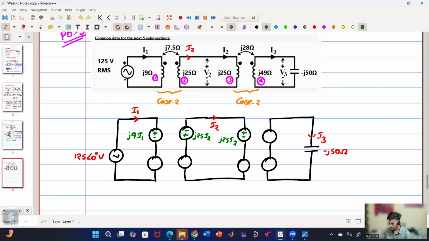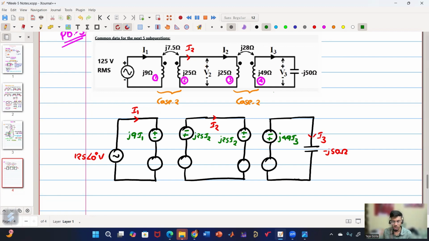And for coil 4, minus on top or minus on bottom? Minus top. Yes. Value? j49 I3. Yes, very good.